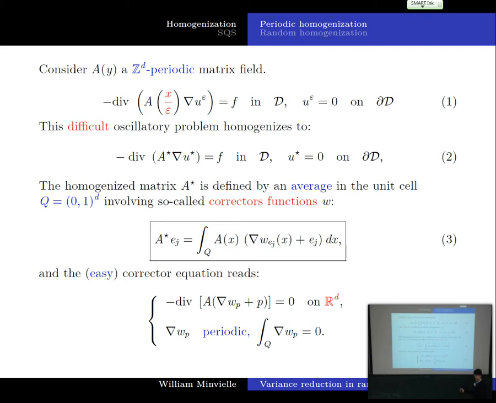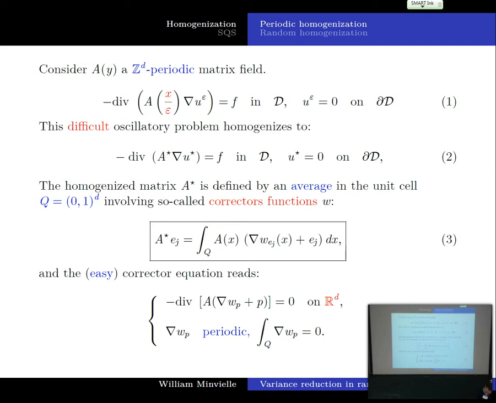This corrector equation amounts to the fact that you have to know the environment around you, and the fine environment is somehow lifted from the fine scale to the coarse scale. This equation is at the fine scale and thus posed on R^d, but thanks to the fact that we are in a periodic setting, it is actually very easy because we've got a periodic boundary condition, and then the equation is posed in the periodic cell. So this is very easy.